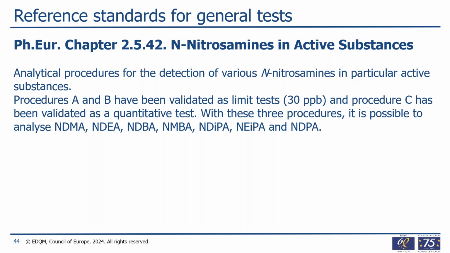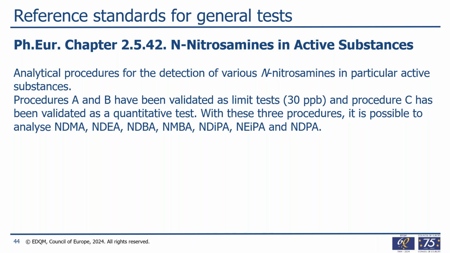The general chapter for control of N-nitrosamines describes several methods that can be used to verify. Sorry, I lost my trace. So this chapter describes several methods to analyze the several nitrosamines that I described here.